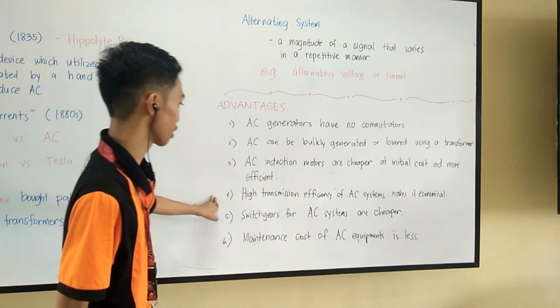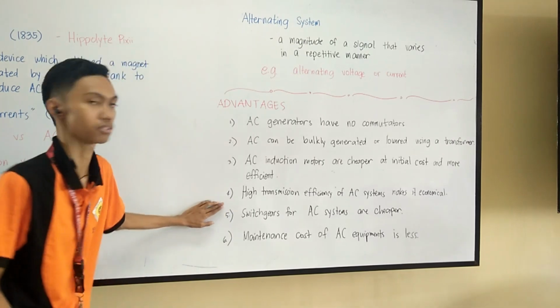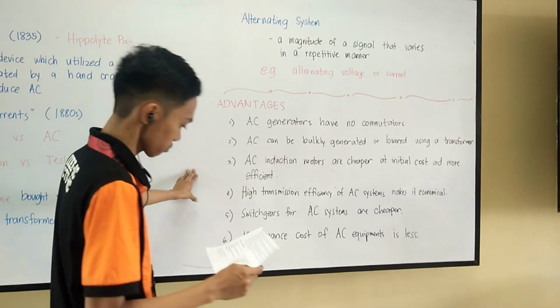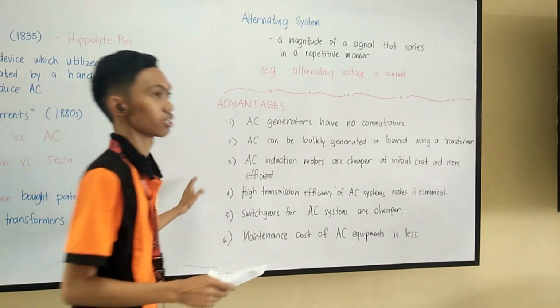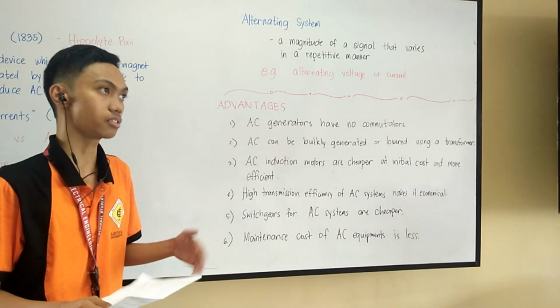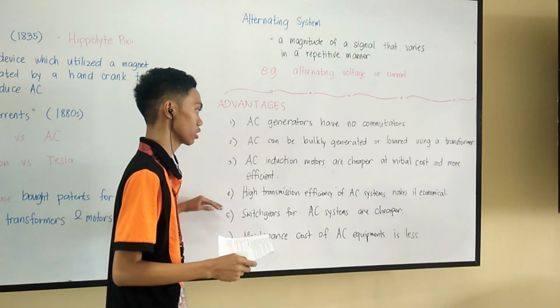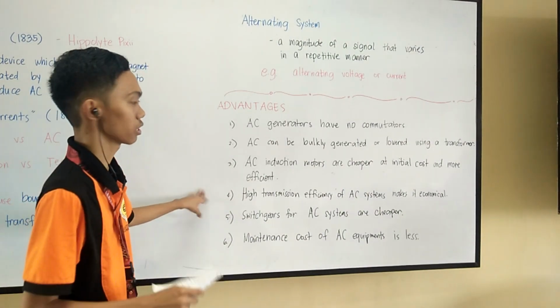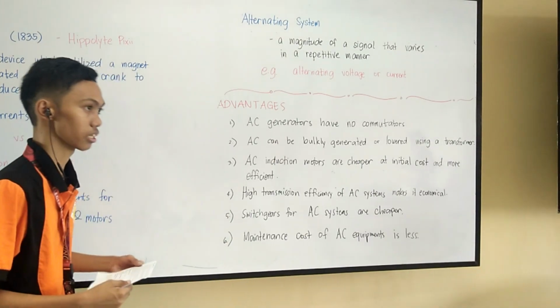Next, the high transmission efficiency of AC systems makes it economical. AC systems are largely distributed but economical, which means that they are cheaper.